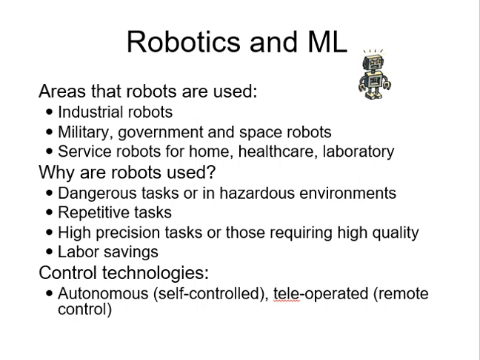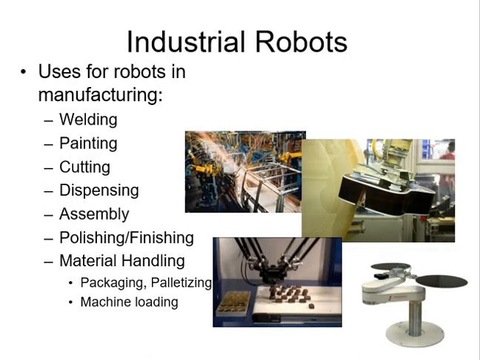We can also use robots in high precision tasks which require high quality, with lesser labor. The control technologies used in robots are autonomous, self control, and teleoperated, which means remote control. Now let's move on to the next slide.